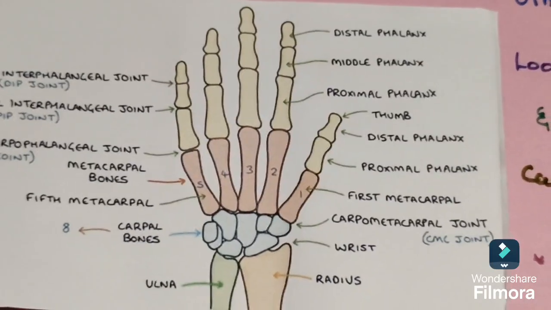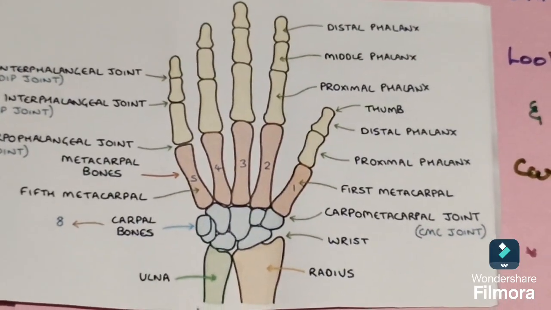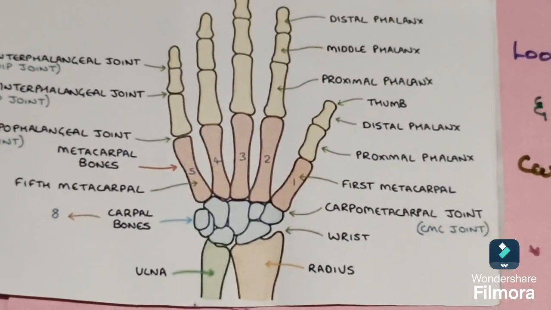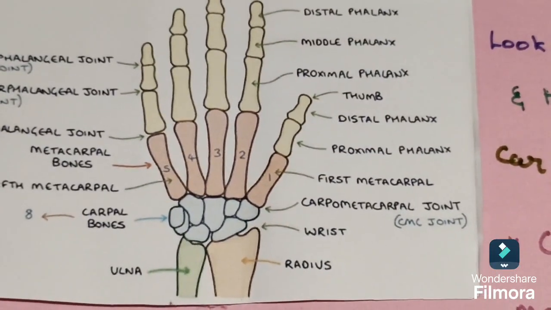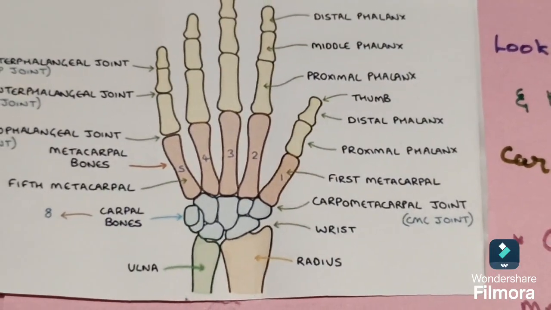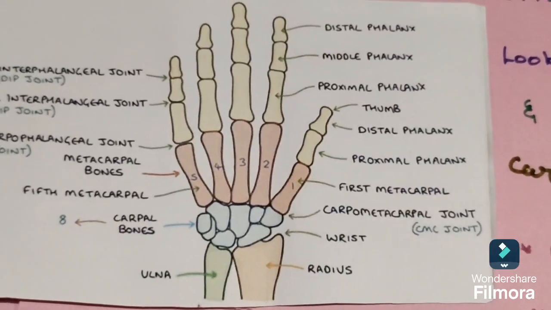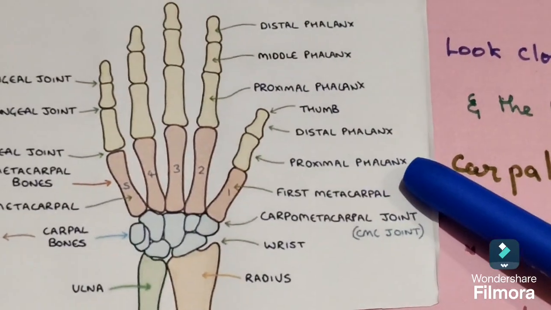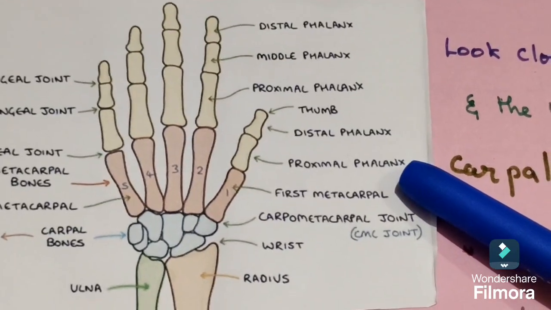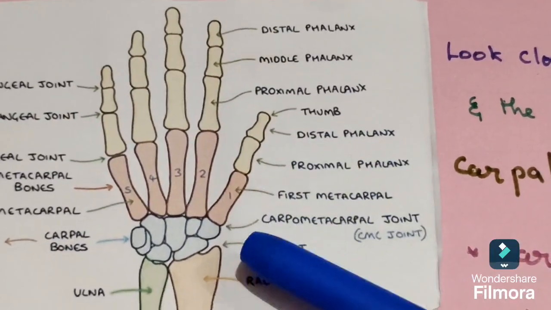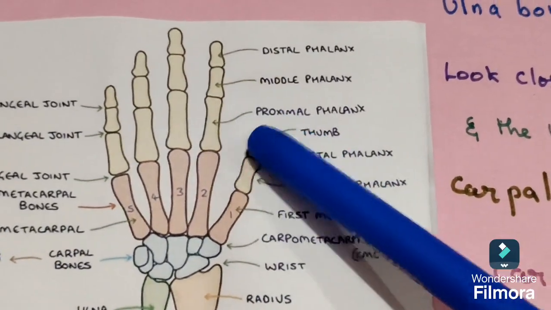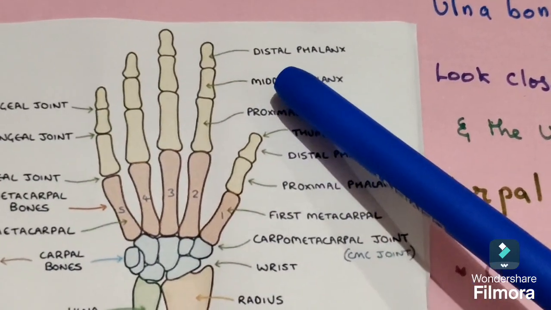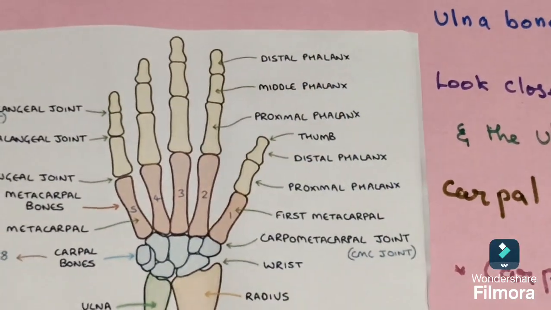The fingers and the thumb contain phalanges. Each finger has a proximal phalanx, middle phalanx, and distal phalanx.